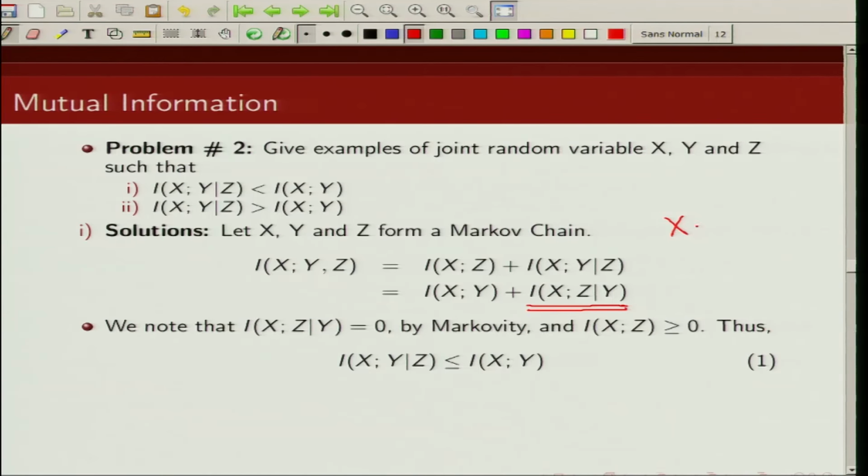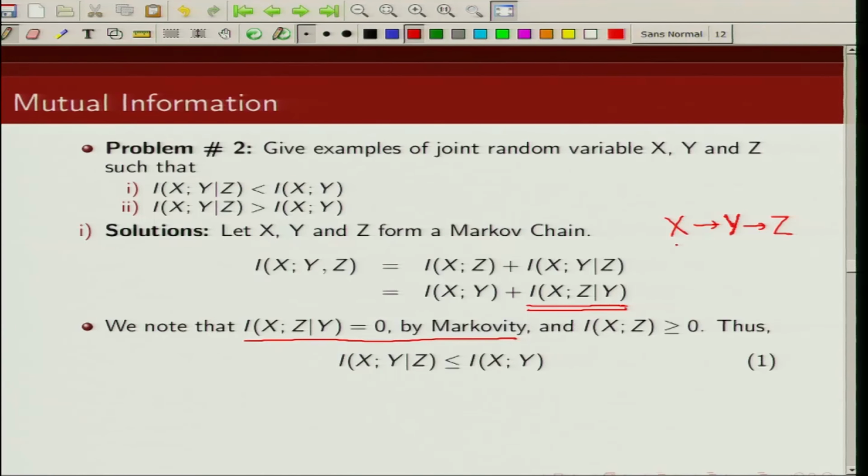Since x, y and z form a Markov chain, given y, the mutual information between x and z is 0, because if I know y, I have complete knowledge. Basically I do not need x. So the mutual information between x and z given y is 0, and this is because x, y and z form a Markov chain, correct.